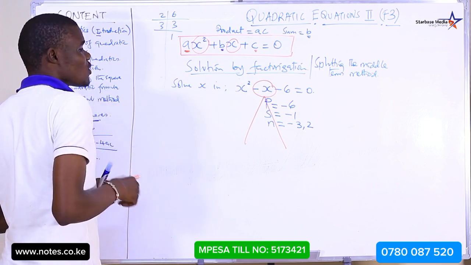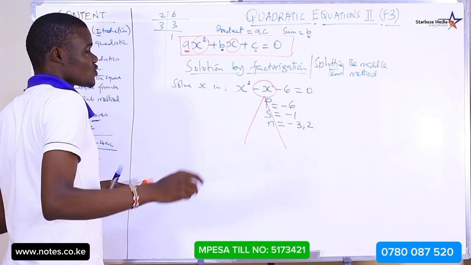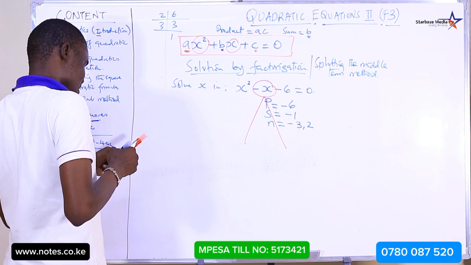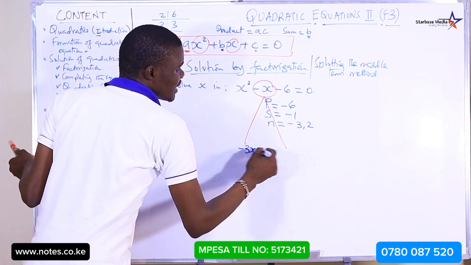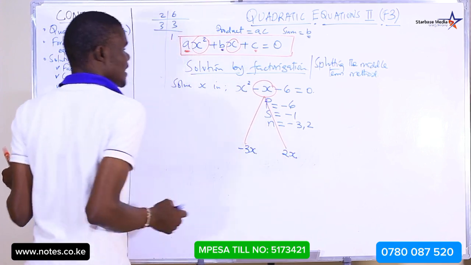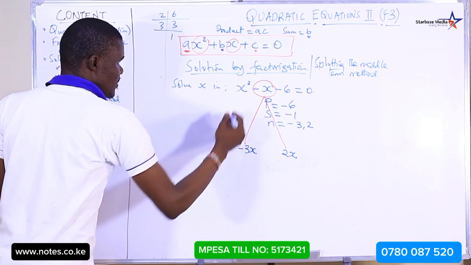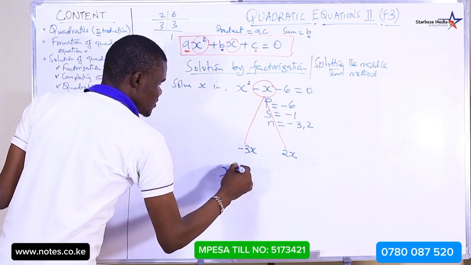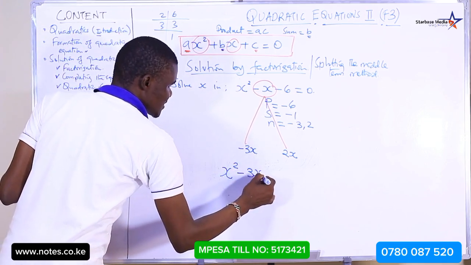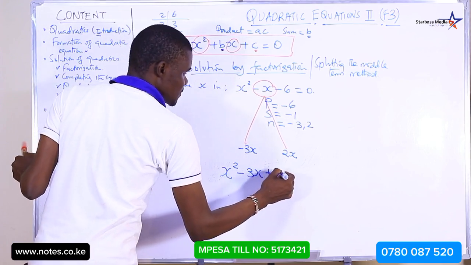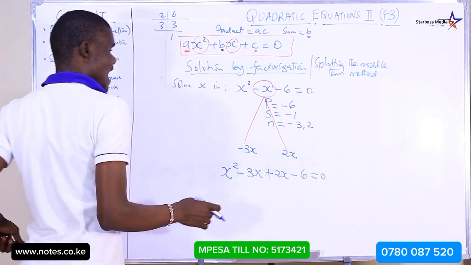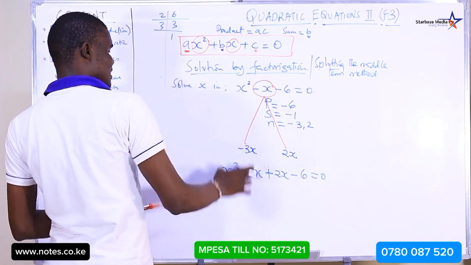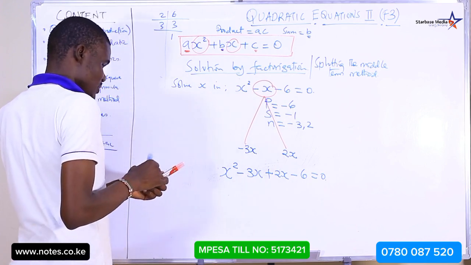Remember, quadratics is about getting two roots. So these two factors will help us get the two roots. So we split the middle term and say here is now -3x and here is 2x. So when I bring this in, I'll now have x squared minus 3x plus 2x minus 6 is equals to 0. I have split the middle term into 2. Why? To help me get the factors.